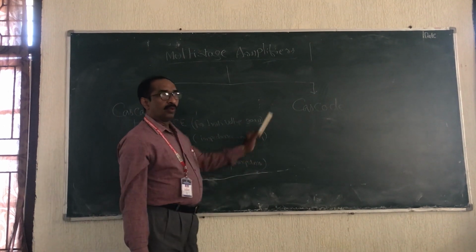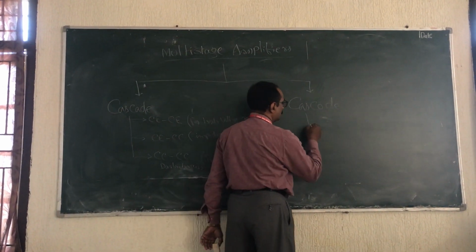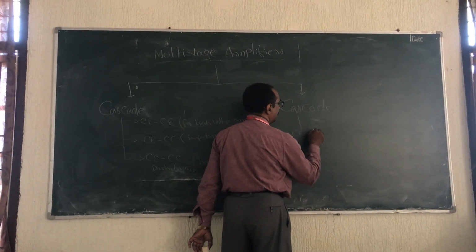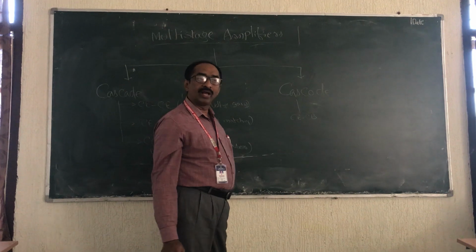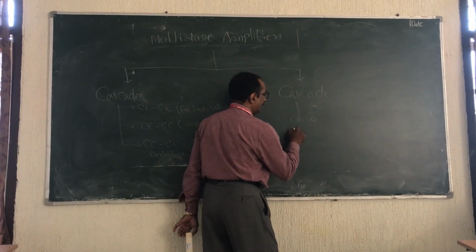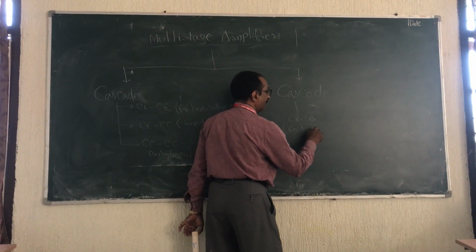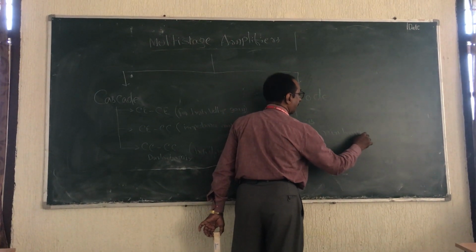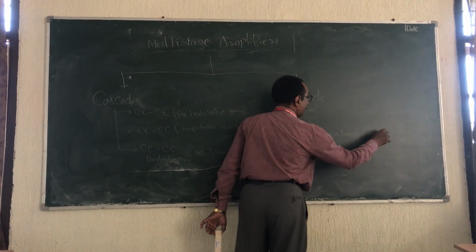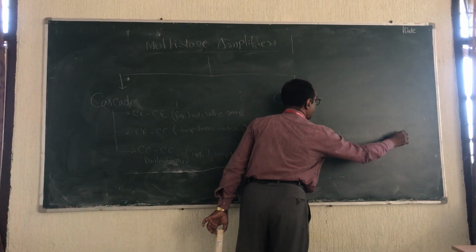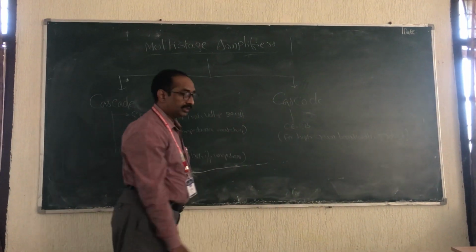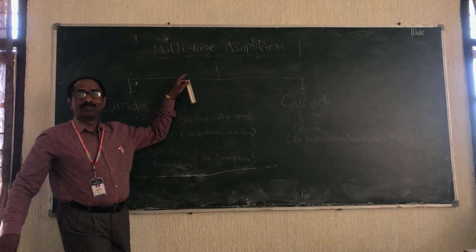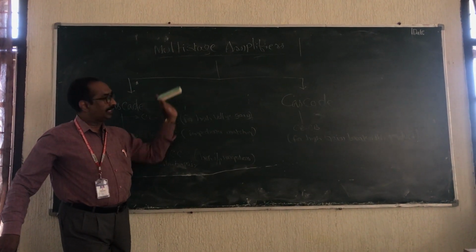And here, cascode is the only one case we are having. That is nothing but CECB, and the CECB amplifier is called cascode amplifier, and this is for high gain bandwidth product. So these are the different types of multi-stage amplifiers we are using: cascade and cascode.